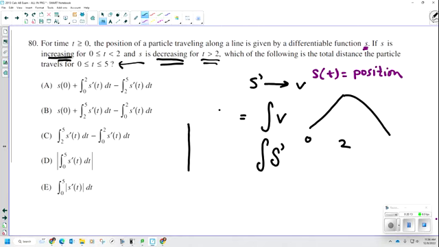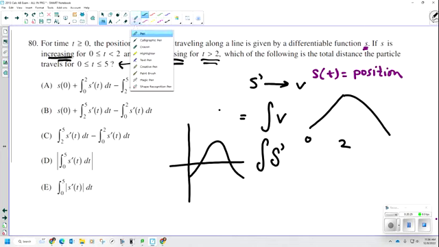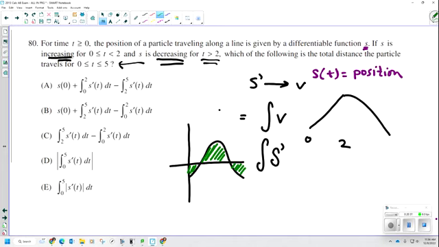If velocity goes up, then down, I want all the area underneath the graph to be positive. Right now, if I integrate this from 0 to 5, this would be negative and this would be negative.